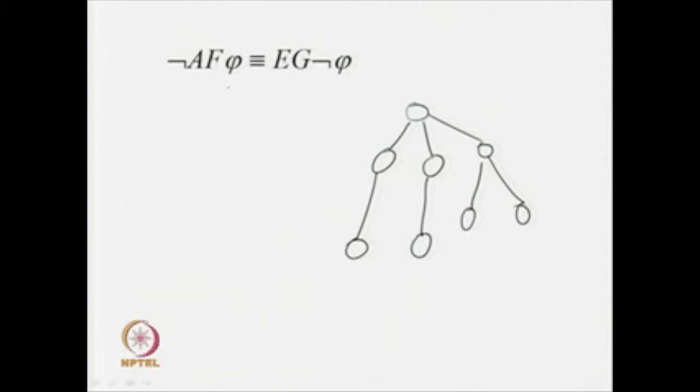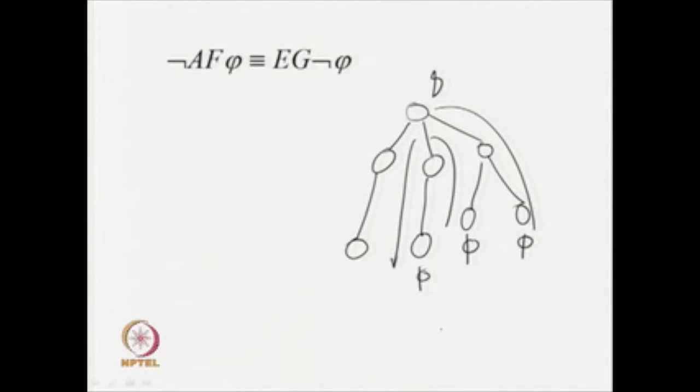That means in all paths we are not going to any future state where phi is true, at least it is not true in one of the paths. So if phi is true over here, phi is true over here, phi is true over here, then in all these three paths you are going to say that A F phi is true. But in this particular path we are not going to get any state where phi is true. So in this particular case A F phi is not true in this particular state, say S, from where we have started.